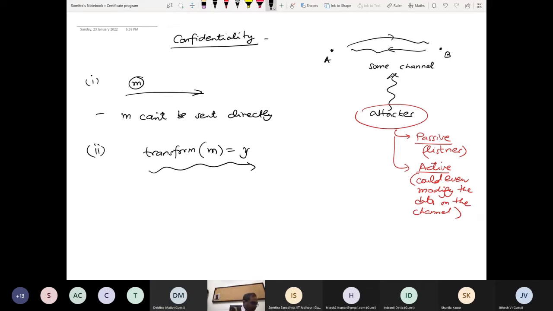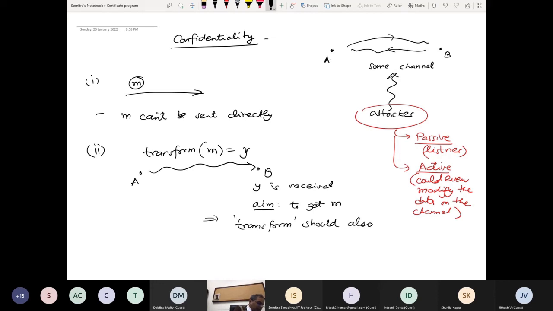However, person A did something and person B has to get back. So Y is received and the aim was to get M. So what should happen is that transform should also have an inverse operation.